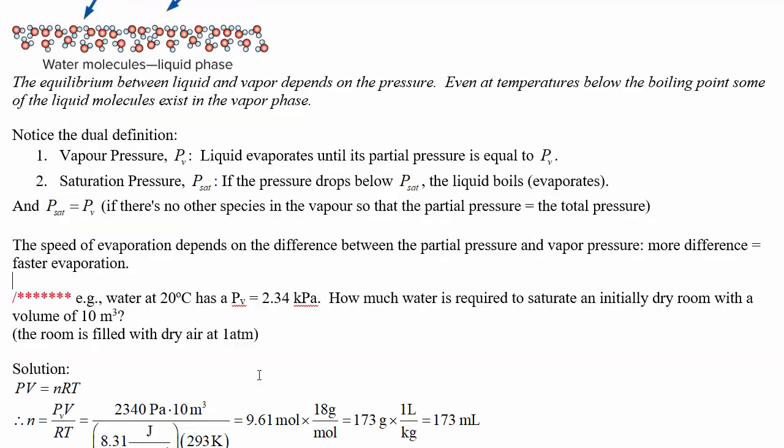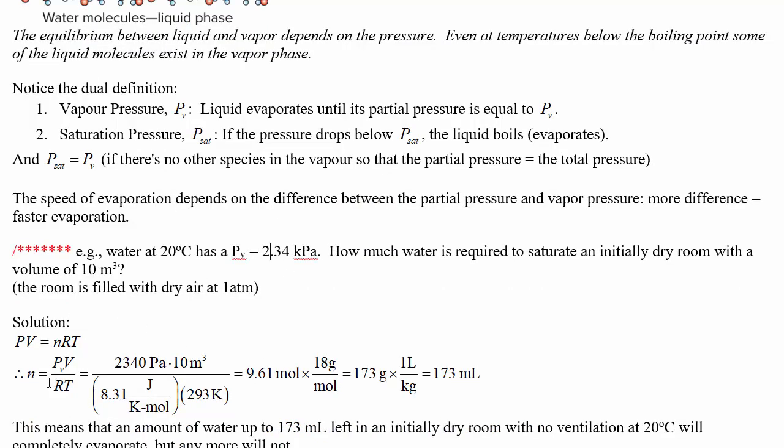The way to do this is to use the ideal gas law to figure out how much water is required. So the water is going to evaporate until its partial pressure is equal to 2.34 kilopascals. That's the new information. The old information, which is from first year chemistry, is how much water does it take to build up to a pressure of 2.34 kilopascals in a 10 cubic meter room.